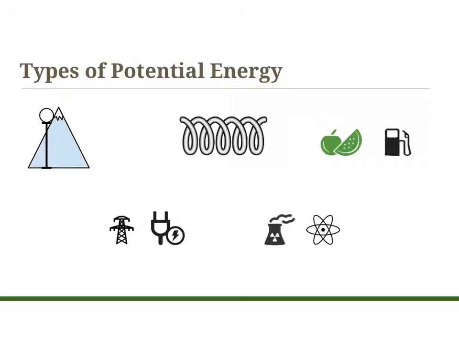And then the other thing that we need to talk about is the different types of potential energy. And there are 5 of them that we are going to keep track of throughout the course of this unit and the semester. One of them is if you have a ball on top of something and it's going to fall, or an object on top of something that's going to fall, we call that gravitational potential energy.